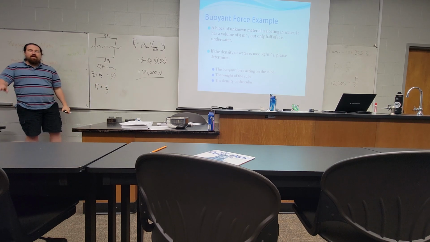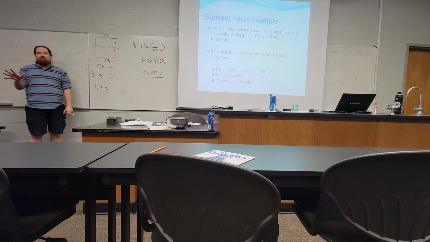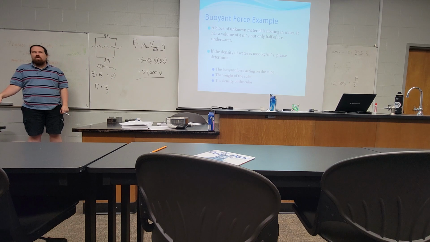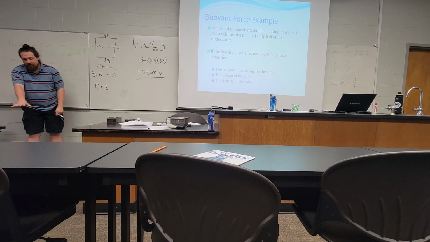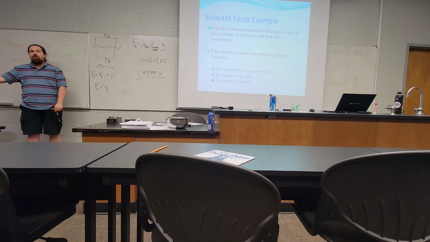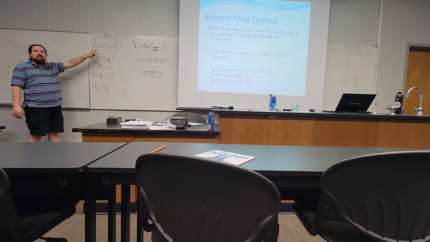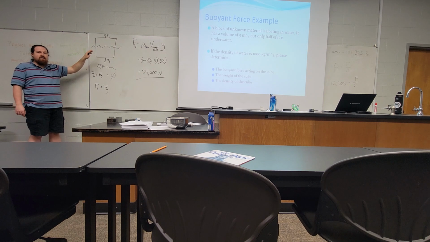So, if an object is floating in equilibrium, and these are the only two forces, they should be equal and opposite. It's kind of a normal force situation, where if an object is sitting still on a surface, gravity and normal force should be equal and opposite. If an object is floating without outside help, its weight should equal the current buoyant force. Now, there are weird fringe scenarios where that might not be true.